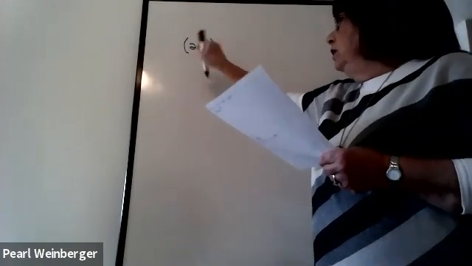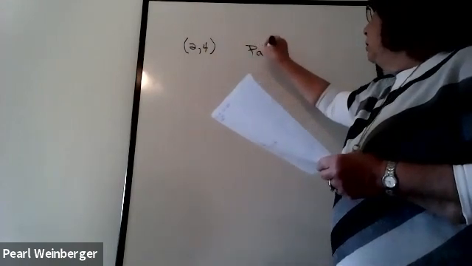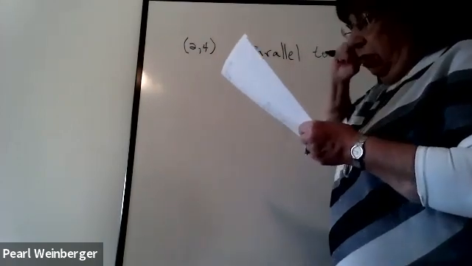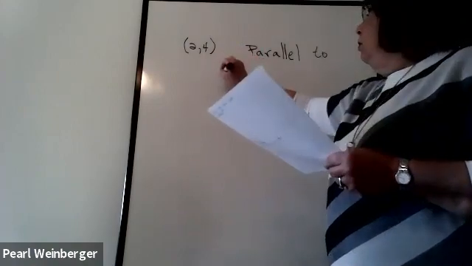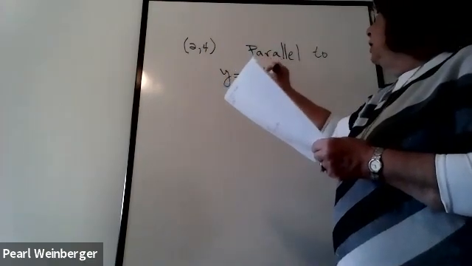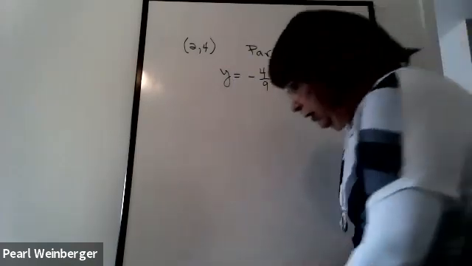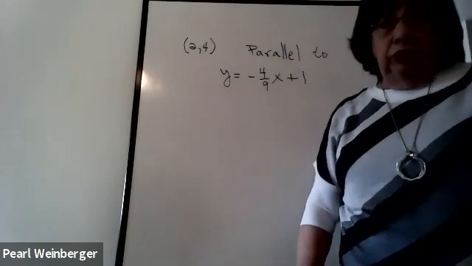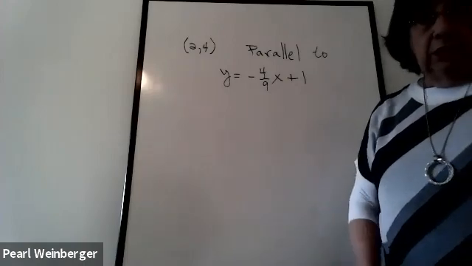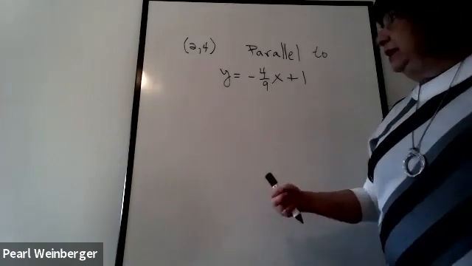So we want to write the equation of the line that's on 2, 4, and is parallel to y equals -4 over 9 x plus 1. So that's the other type of question we could have that has to do with writing equations of lines, where we give a description where the line is either parallel to a given line or perpendicular.